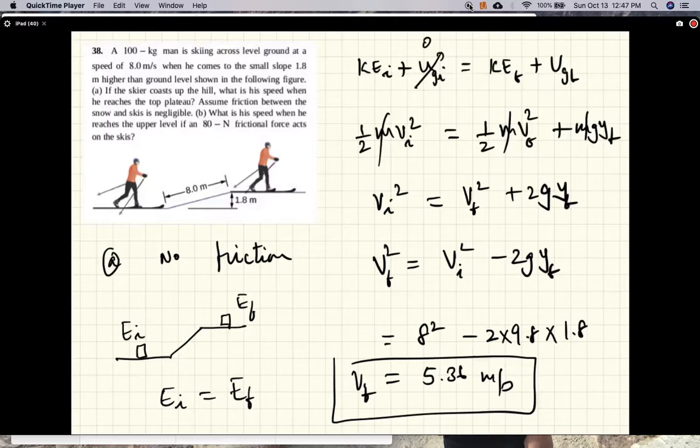Alright, so all this works out to 50 v final squared is equal to 3,200 minus 1,764 minus 640.